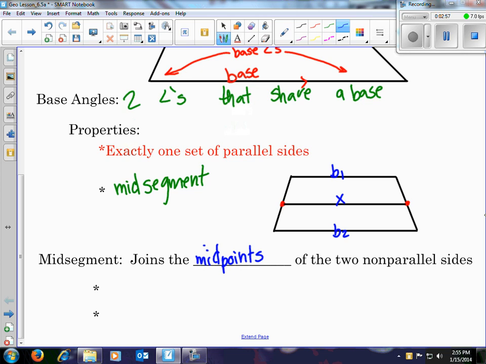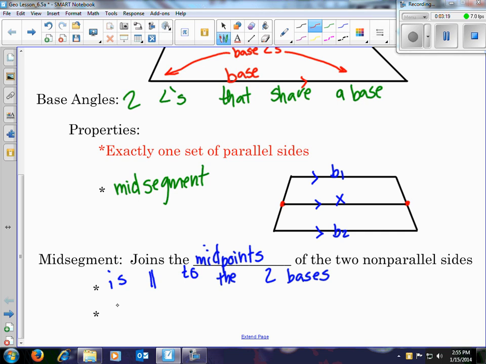Okay, now we have some properties for our mid-segment. So the first property is that a mid-segment is parallel to the two bases. So that means that this line is parallel to this line, which is parallel to this line.